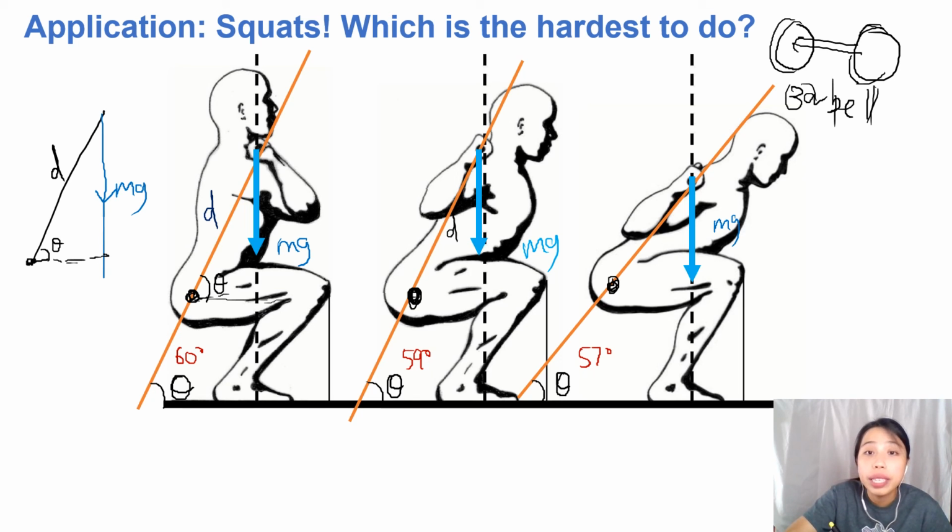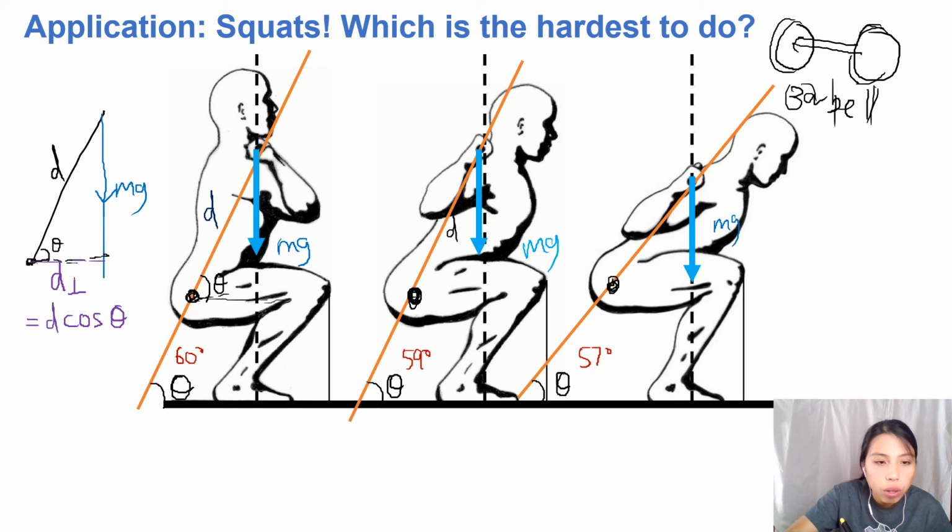So the distance perpendicular to the force will be this D perpendicular right here, from the pivot to the force. So D perpendicular will be what again? Cosine, sine, tangent, check and see. Adjacent, hypotenuse, cosine. So D perpendicular is D cos theta. That's how you find the perpendicular distance.